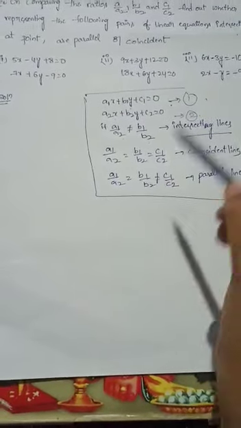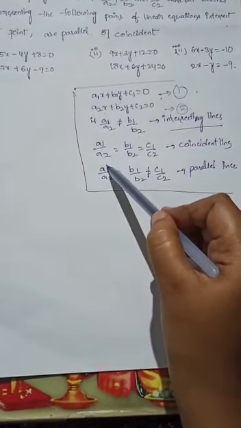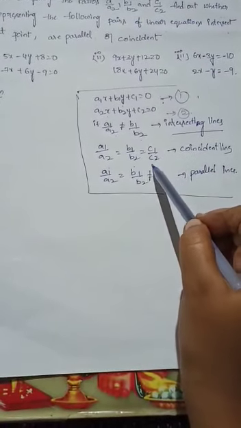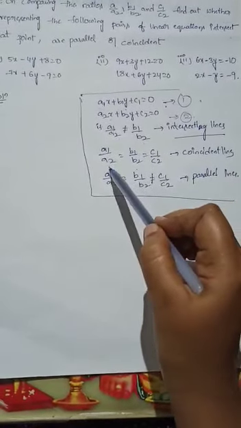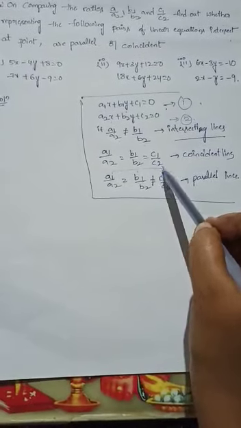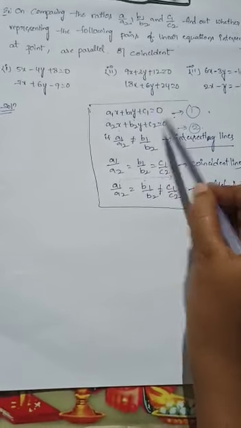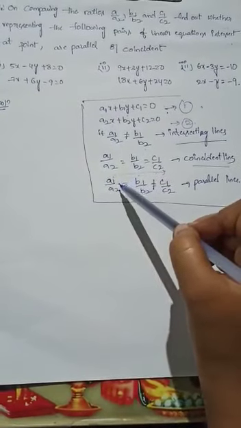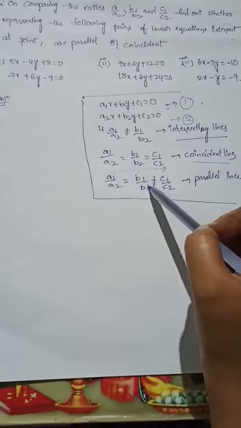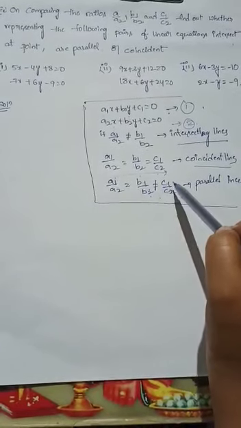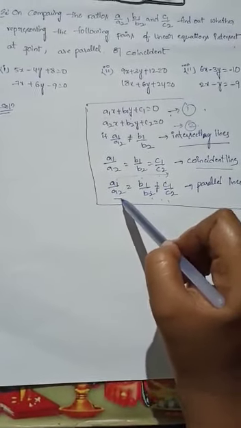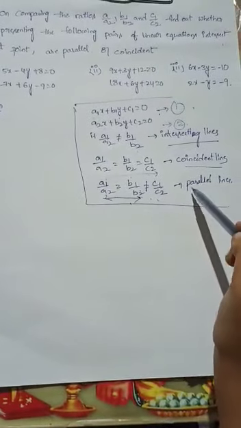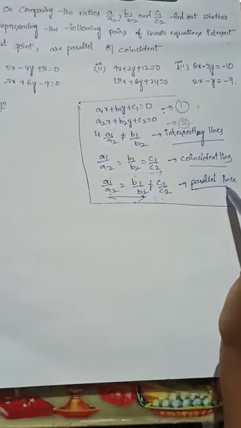If a1 by a2 equal to b1 by b2 equal to c1 by c2, here the three ratios are equal, then these two lines are coincident lines. If a1 by a2 equal to b1 by b2 not equal to c1 by c2, here only two ratios are equal, in this case these two lines are parallel lines.